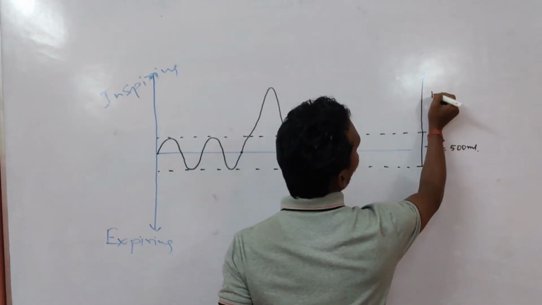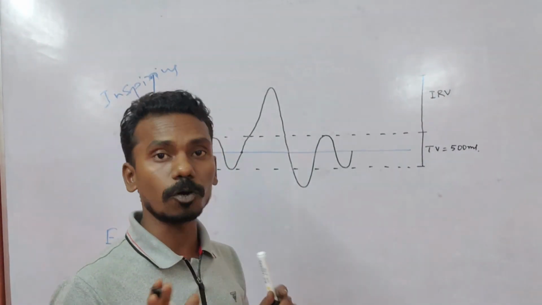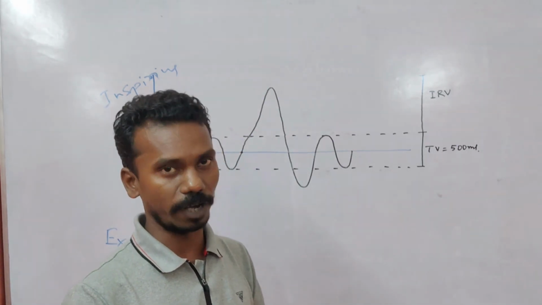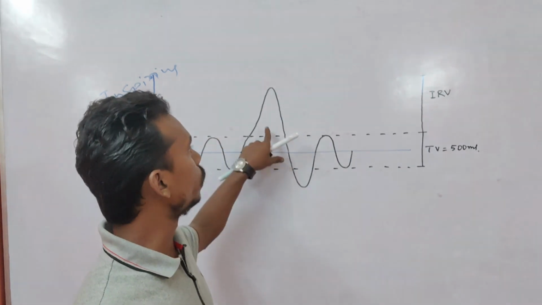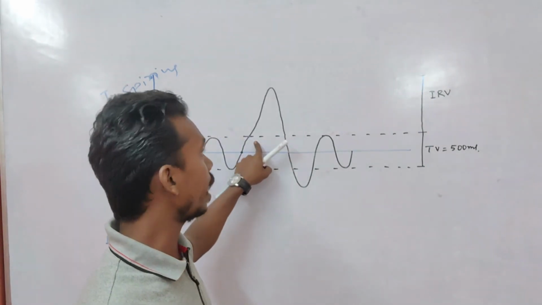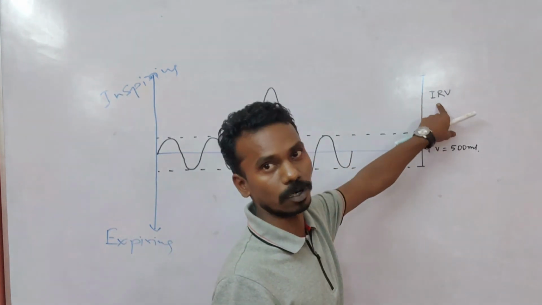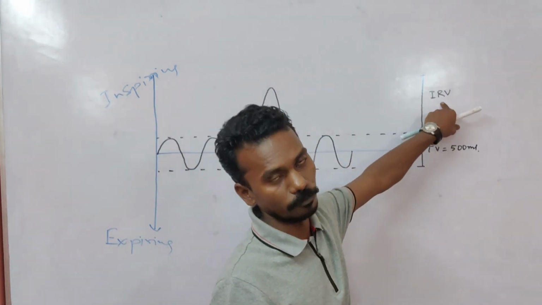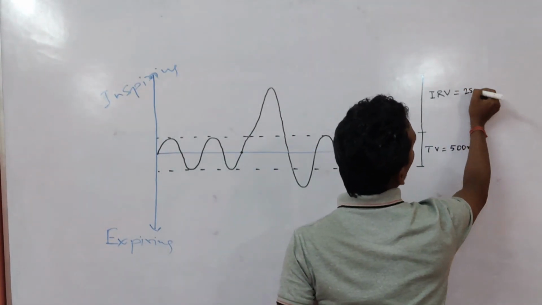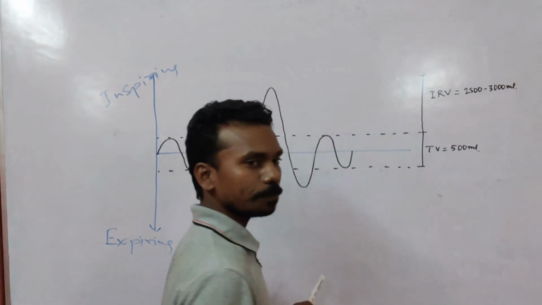That means your lung can hold that volume of air, but in normal condition your lung does not take in that amount of air from the environment. So the amount of air entering your lung in a forceful inspiration after a normal inspiration is called inspiratory reserve volume. This volume is about 2500 to 3000 ml.